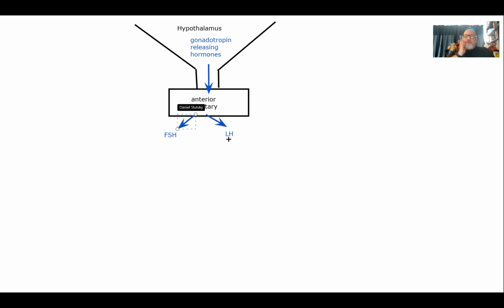And let's follow the path. As we just finished mentioning, what is it that the luteinizing hormone stimulates? What is its target? Bingo. Interstitial cells.